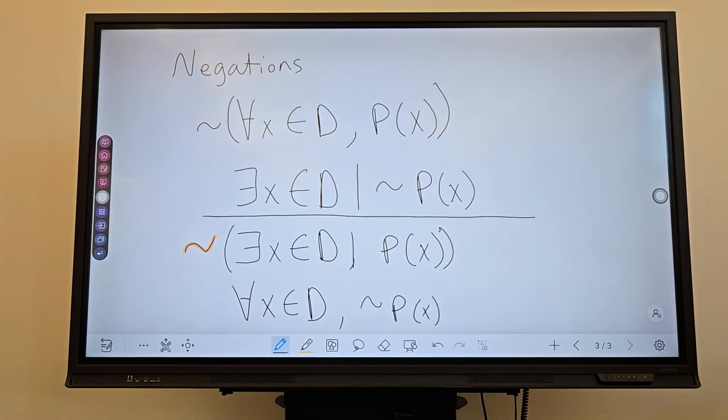For the negations of the following statements: for all primes P, P is odd. The negation of that would be there exists a prime that is not odd, which happens to be the true statement because 2 is a prime and it's not odd.